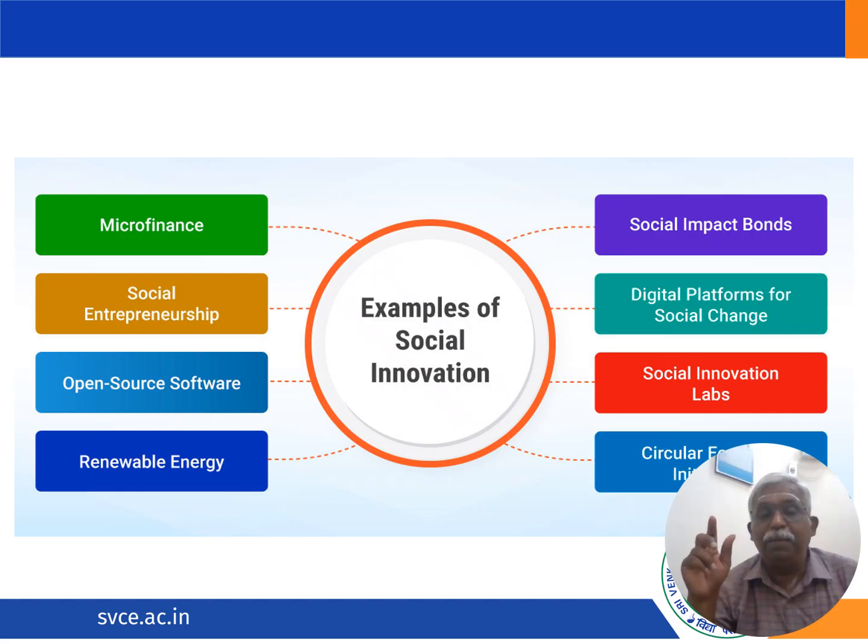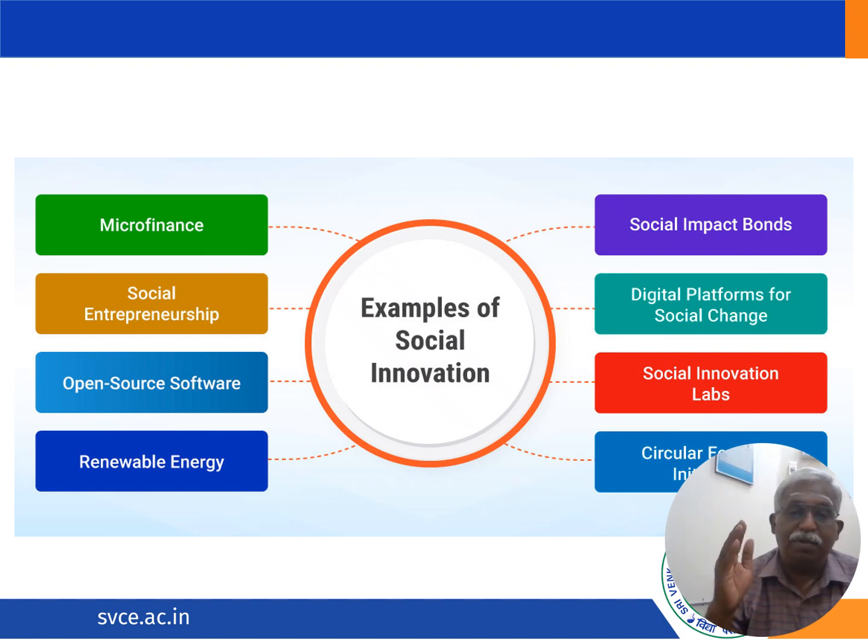WEDP, Women Entrepreneurship Development Program. Based on the development program, we are upgrading their skilling. Based on the skilling, they will start their own venture, a small shop, sometimes tailoring, sometimes groundnut oil, natural oil.